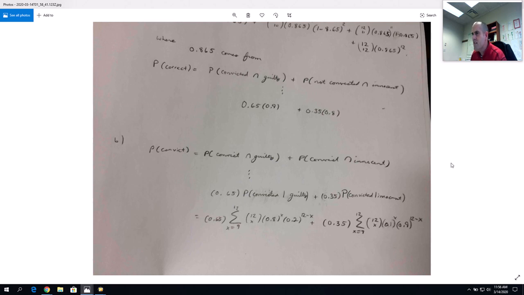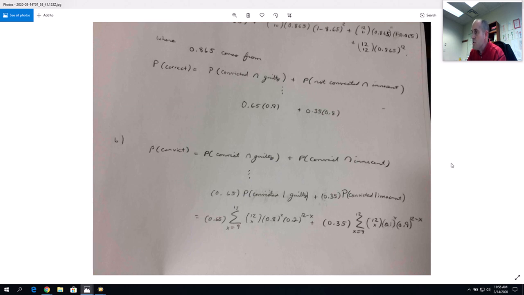0.8. Okay, because what is the probability that you vote to convict and the person is guilty?